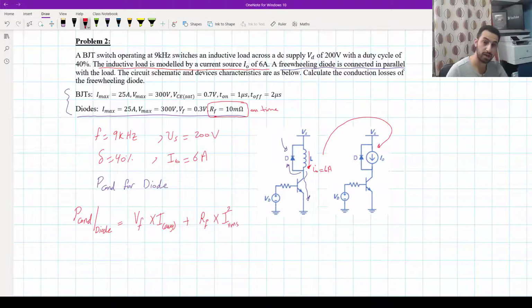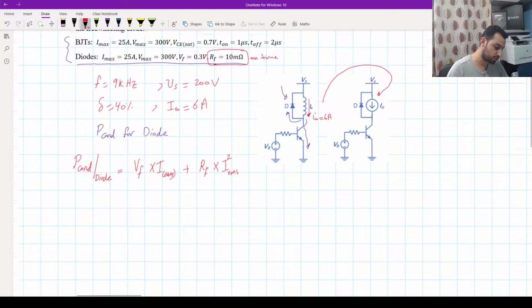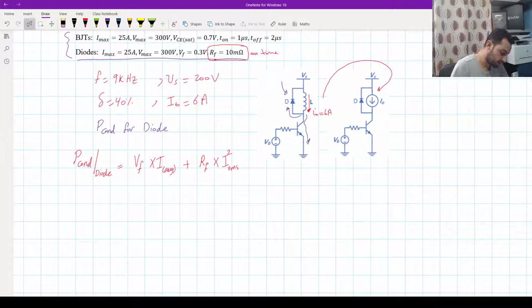Because when we calculate the power dissipation, we multiply I average times V, which is constant, VF, and for the resistance, we multiply the resistance by I square RMS, not the average value. We know that from the previous lecture. Now we have to calculate I average and I RMS because the other information is known.